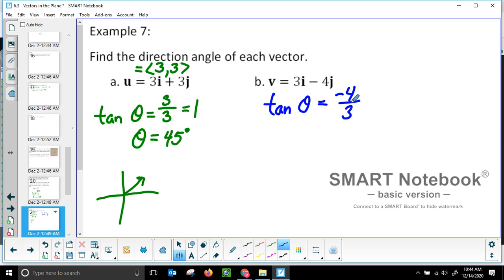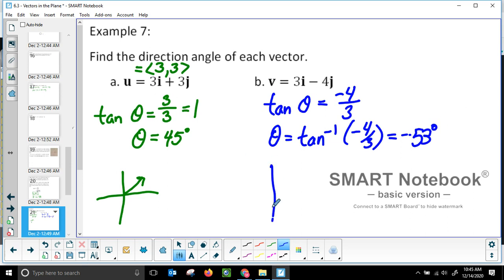So this is not on my unit circle, so I know that I'm going to have to do my inverse tangent here. And if we do that in degree mode on our calculator, we're going to get negative 53 degrees, roughly, rounding to the nearest degree. So we'll say negative 53 degrees.